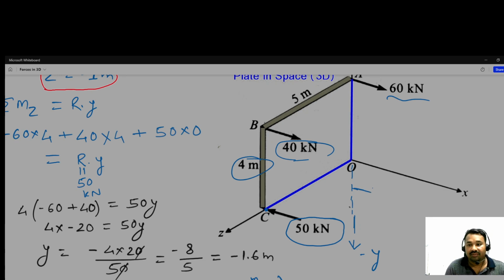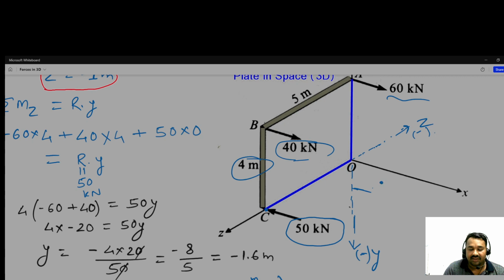And what about the z axis? The z axis is in minus. This is the minus z axis, and that resultant is lying in between the minus y and minus z directions. Somewhere from here to here it is minus 1.